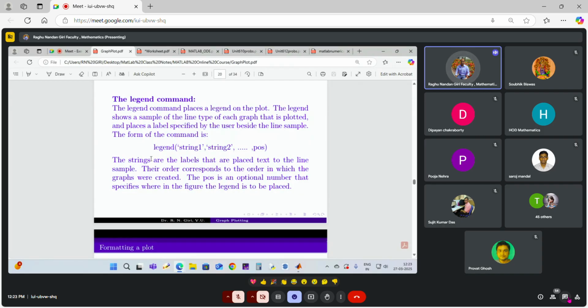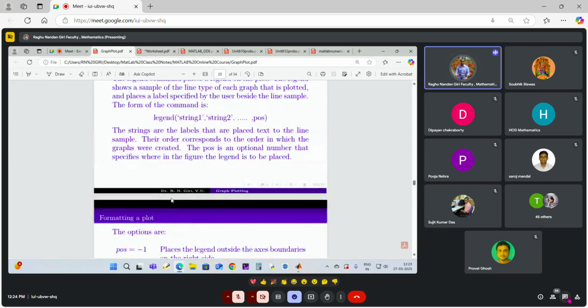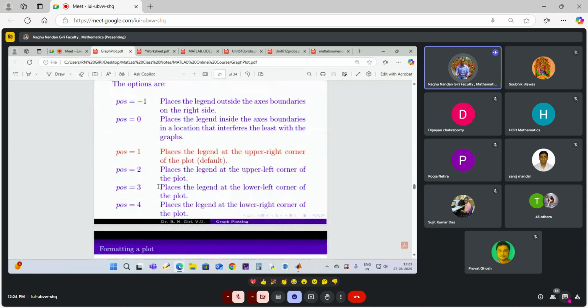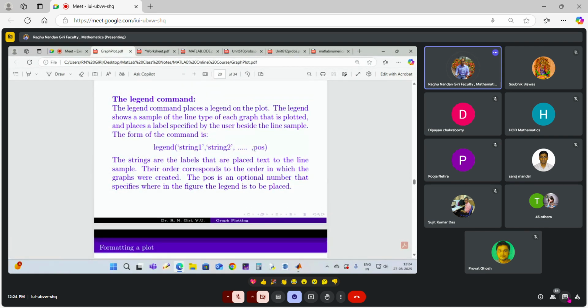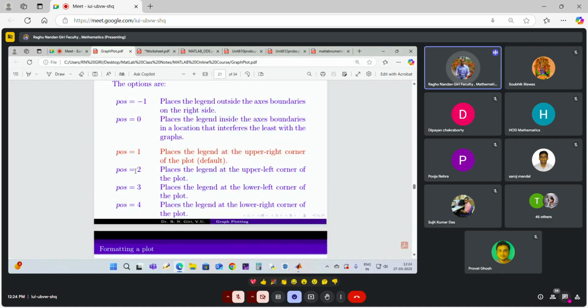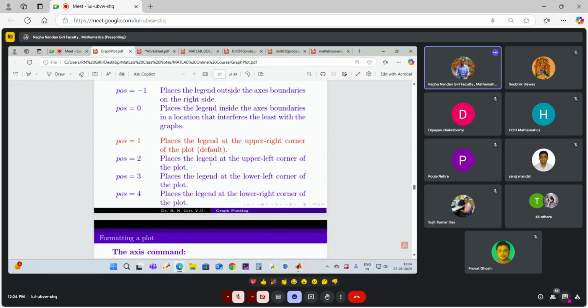For that situation, you should apply the legend command. You can also change the position of the legend. There is a position argument, and its value differs for different positions, so we can place the legend in different positions. The default position is the upper right corner.